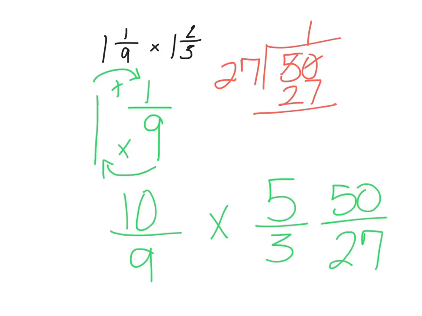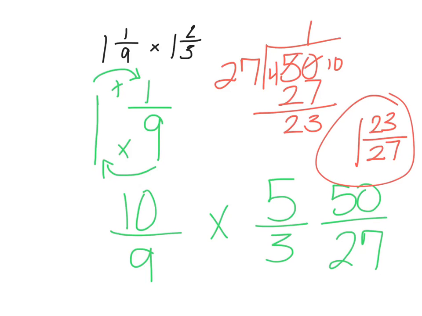When I subtract, I get 1 and 23/27. I'm done because the only thing that goes into 23 is 1 and 23, and 23 does not go into 27.